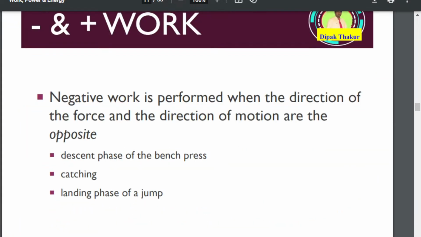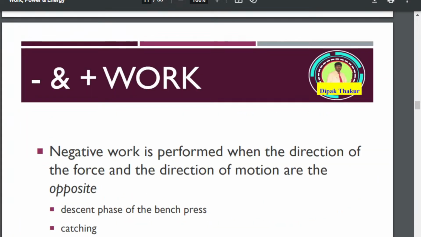Coming to the next, now that we have understood what negative work is, we can write down the definition. Negative work is performed when the direction of the force and the direction of the motion of an object are opposite.